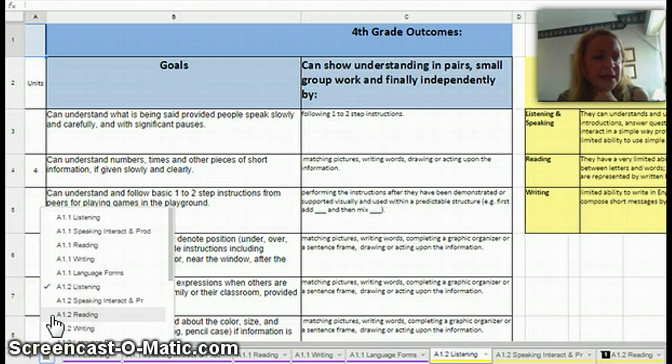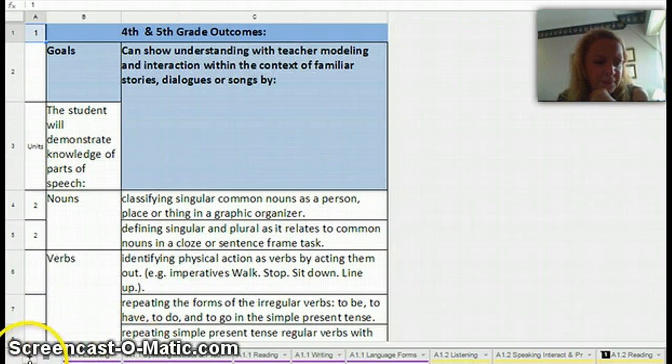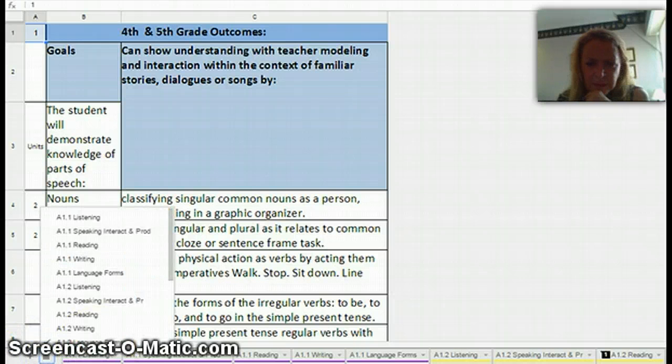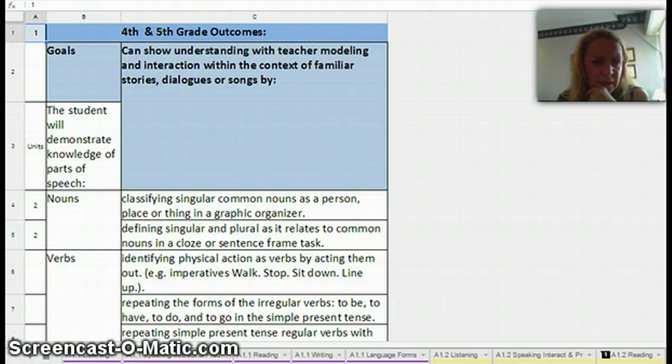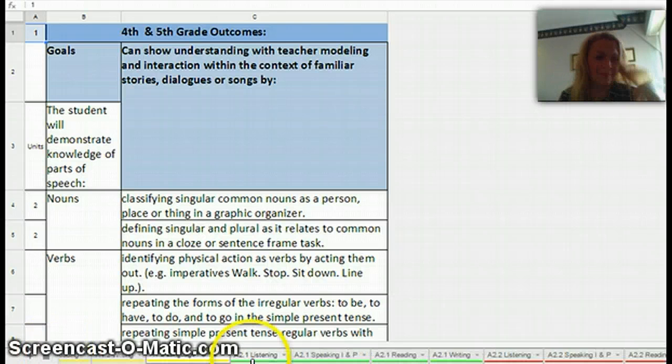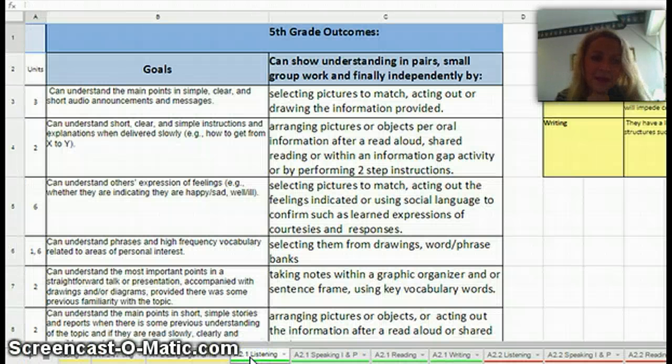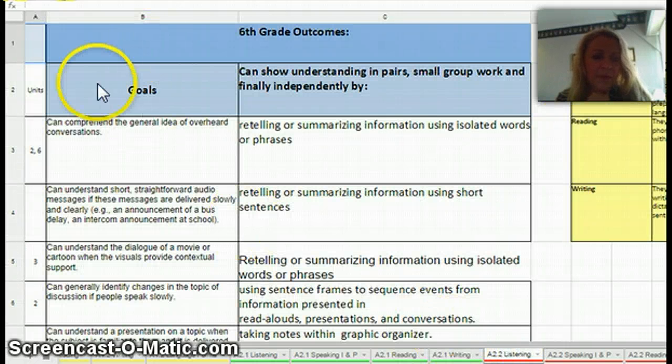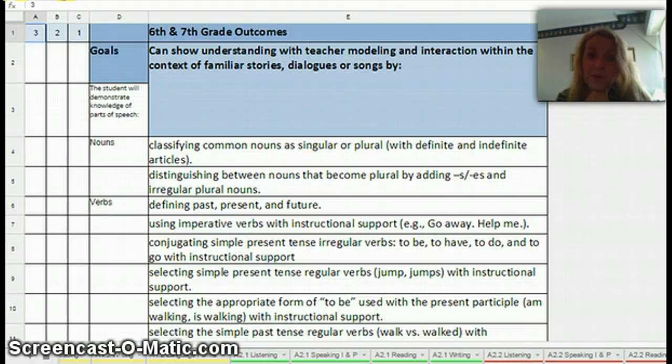And then in fifth grade, we get more goals and outcomes for listening, speaking, reading, writing. And then in sixth grade, we get the same thing for all those four language skills plus the language forms.